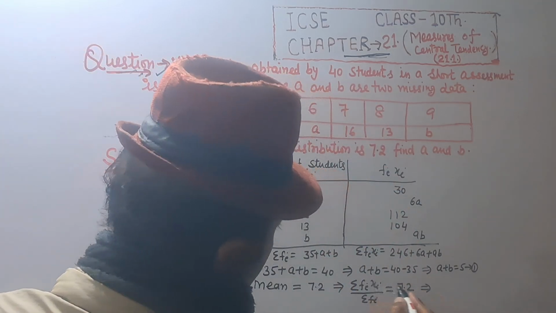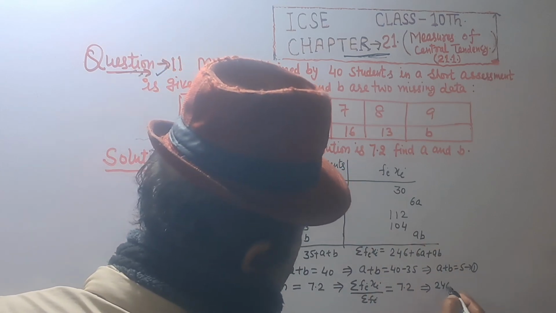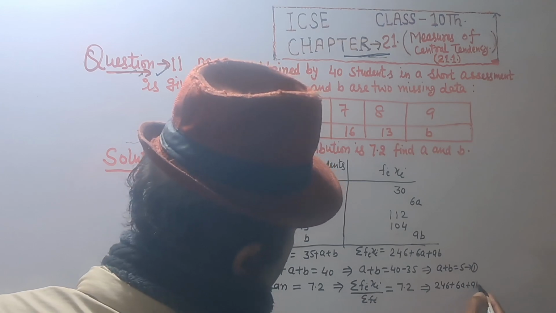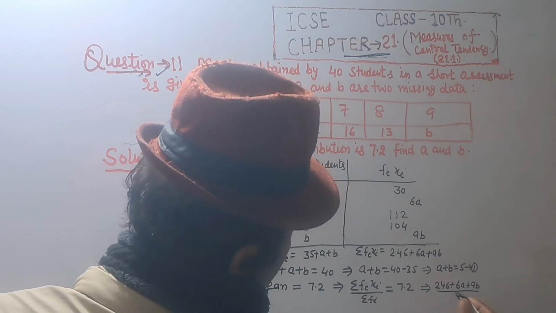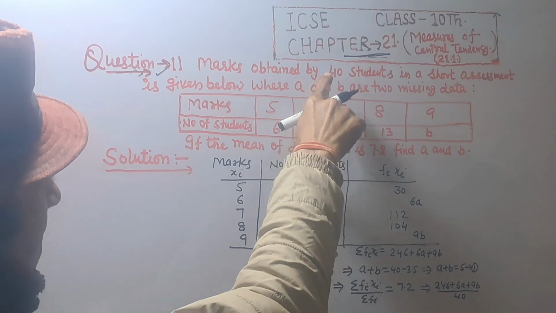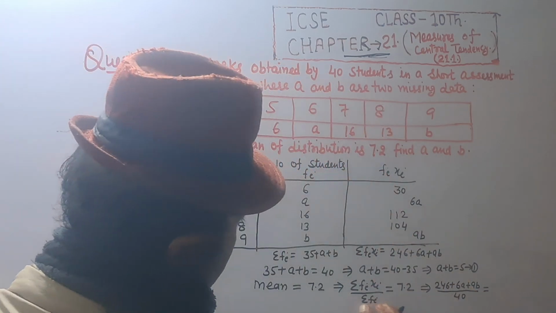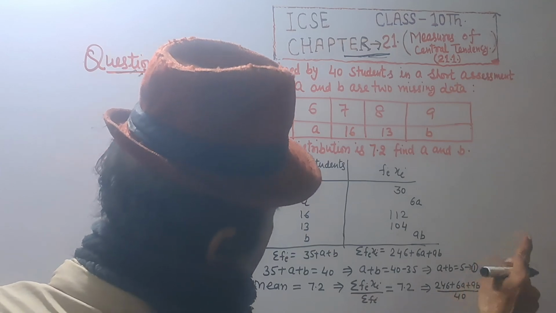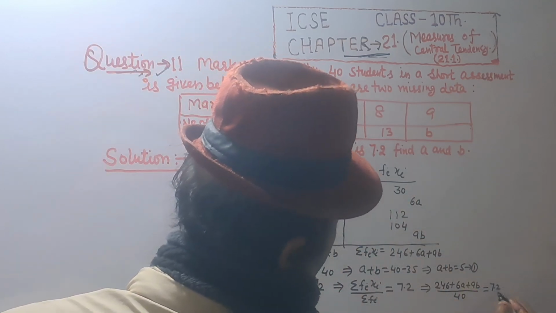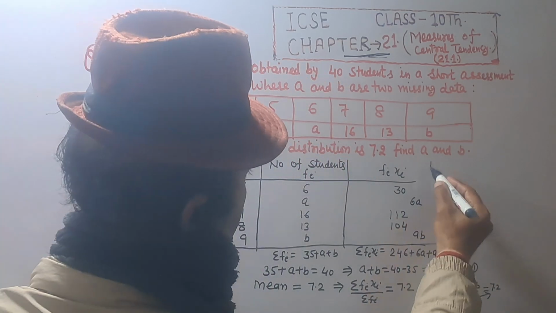So Fi Xi is equal to 246 plus 6A plus 9B upon sum of frequency, that is equal to 40. So this equals 7.2.